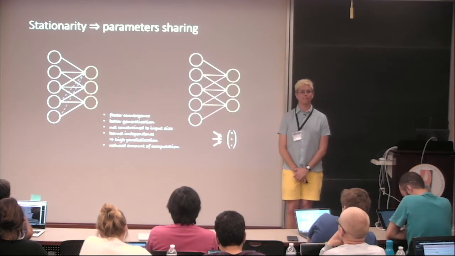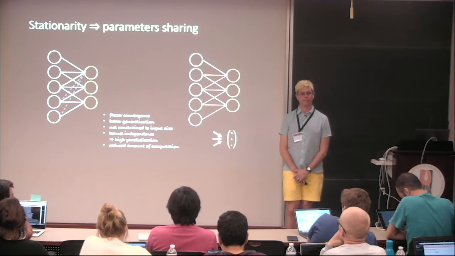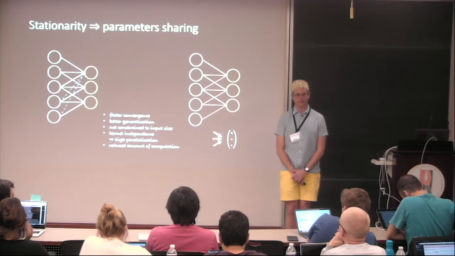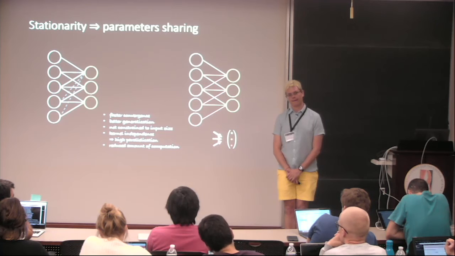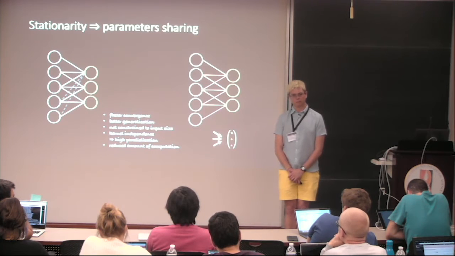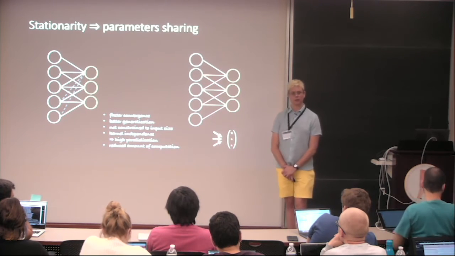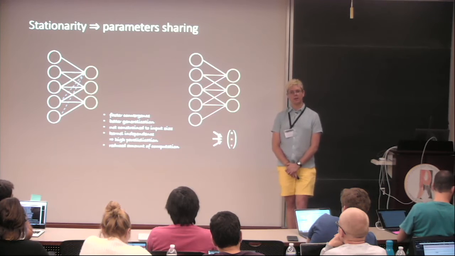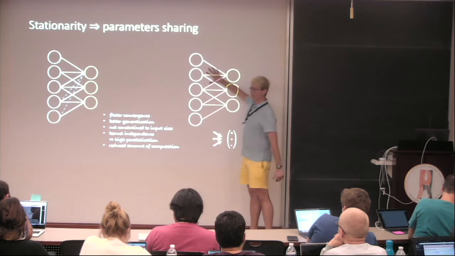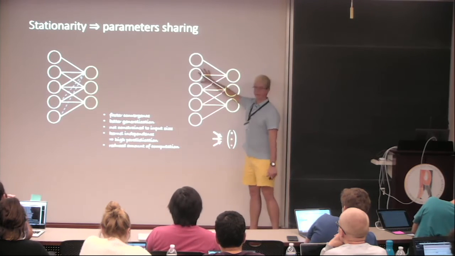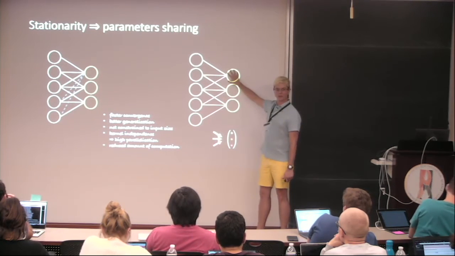Yeah? So I understand with stationarity, we expect certain patterns to repeat sometimes. So we don't expect it to be periodic with period equal to 3 or 5 pixels, right? So it seems like a much stronger assumption than just some patterns. Okay, I understand what you're saying. So here, you're trying to look for this pattern here. And maybe you have it, so you get a high activation here.